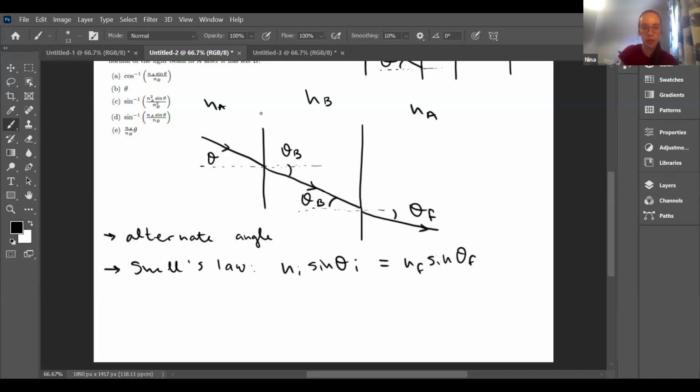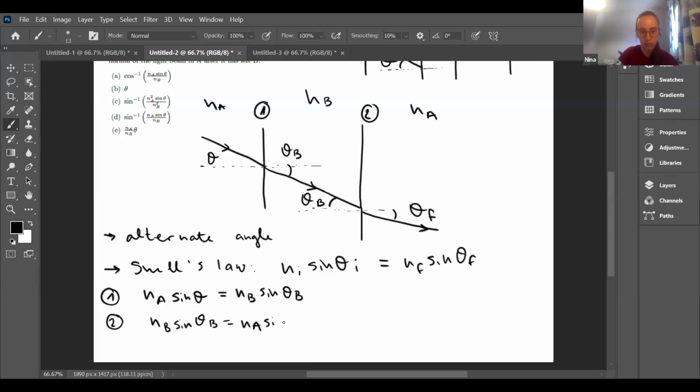So in this case, what we can do is we have 2 boundaries, and at each boundary we can write an equation. The first one will be this. And then at the second boundary, we have this equation. And we're looking to find this angle.